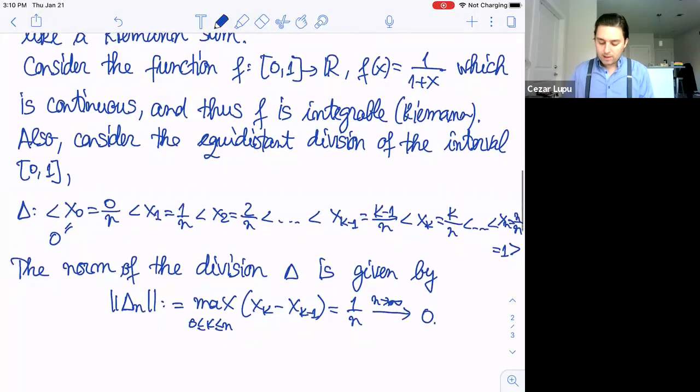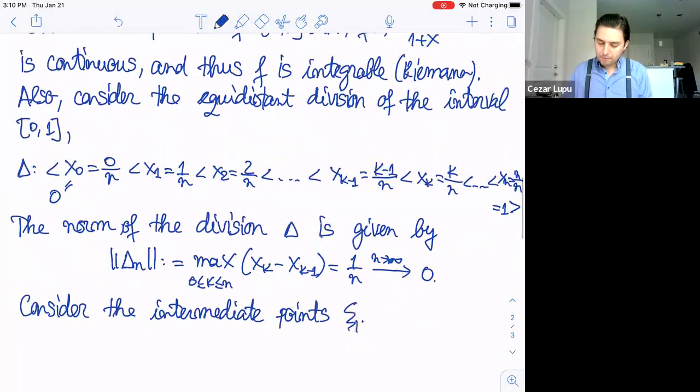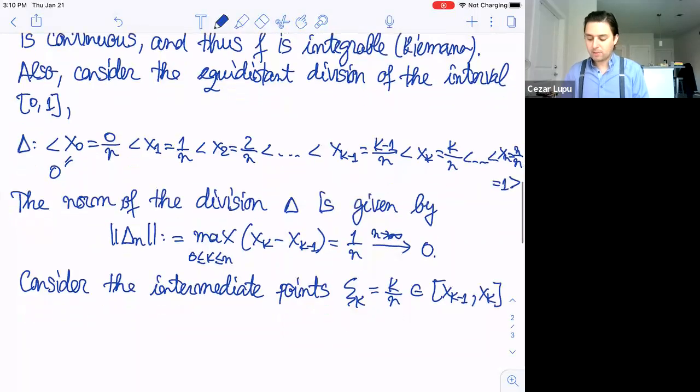And now we can consider the intermediate points, these ck, which we can take as k over n, because these belong to the interval x sub k minus 1, x sub k.